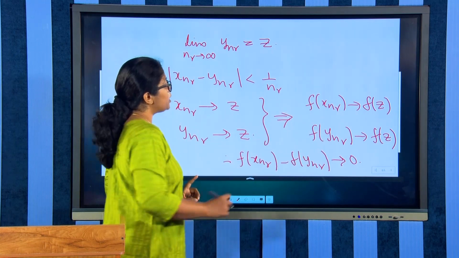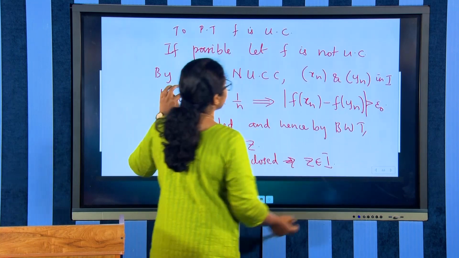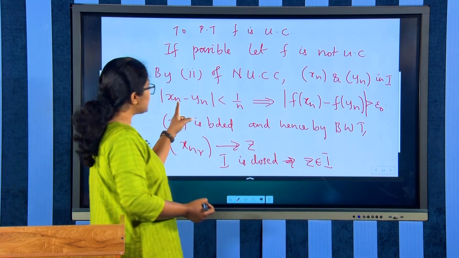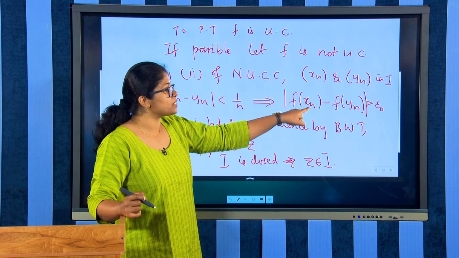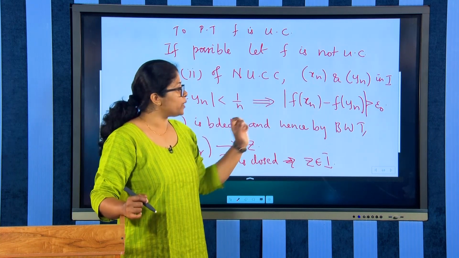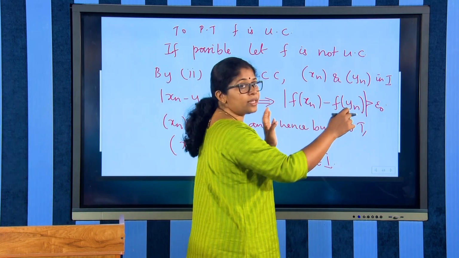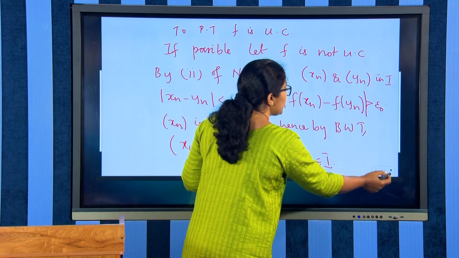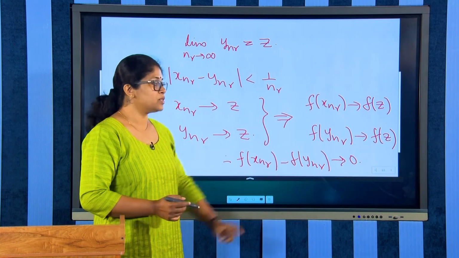But our previous assumption was that modulus of xn minus yn less than 1 by n forces f of xn minus f of yn to be greater than epsilon naught. So we have modulus of f of xnr minus f of ynr greater than epsilon naught, but now we have seen that it is actually converging to 0.